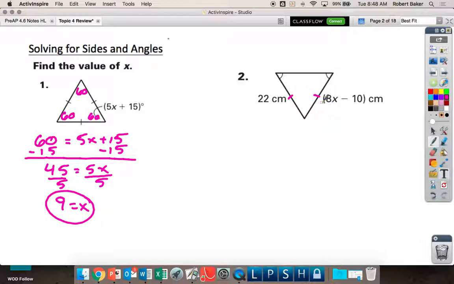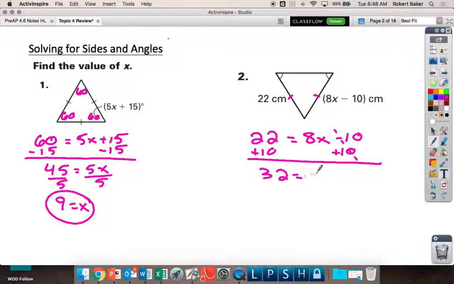So now you should be able to say that 22 is equal to 8x minus 10. And then find some way to solve for x. I would add 10 to both sides, and then I would divide both sides by 8.